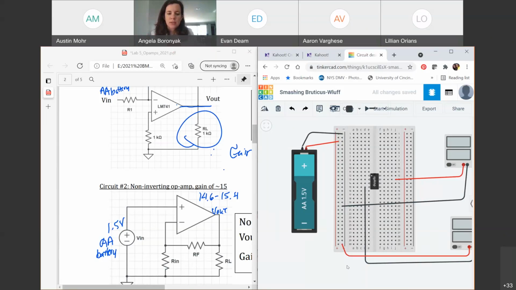Where could I hook up something that's attached to VN? Where do I get VN here? Got to be able to interpret what's drawn here versus what am I building in real life, even if it's virtual life.